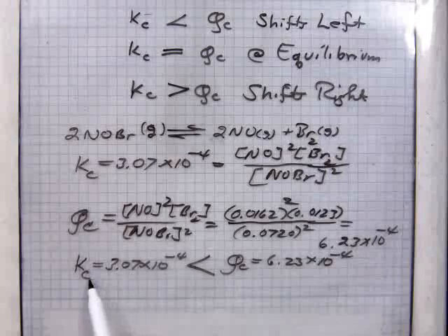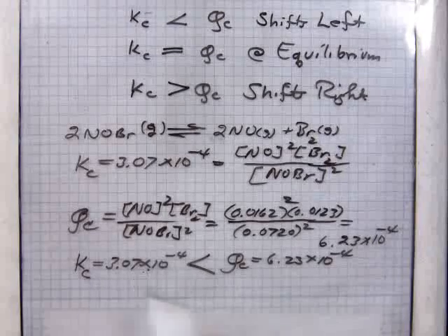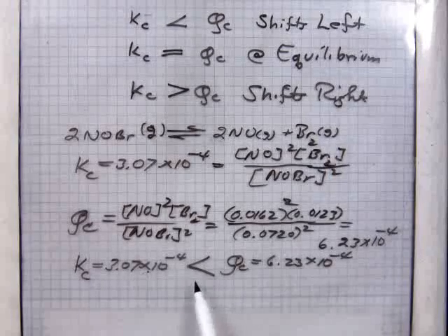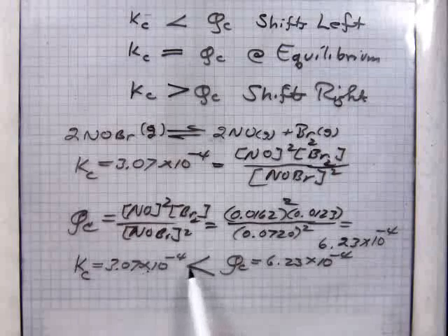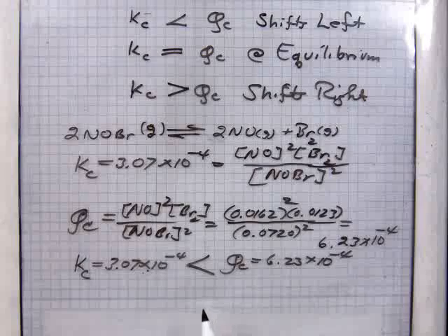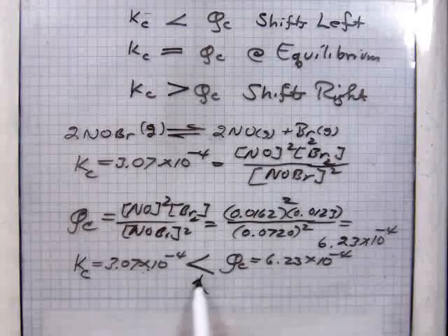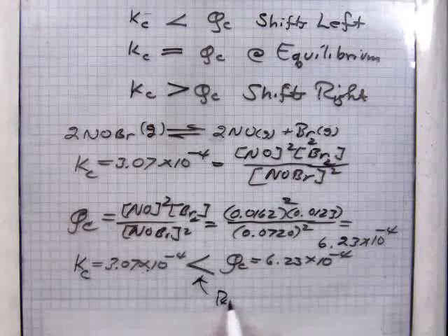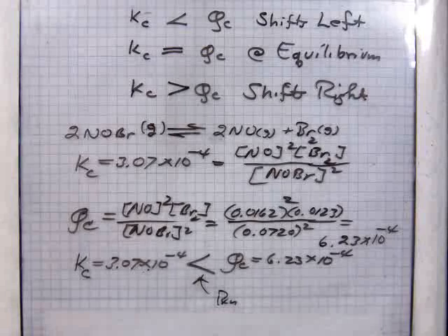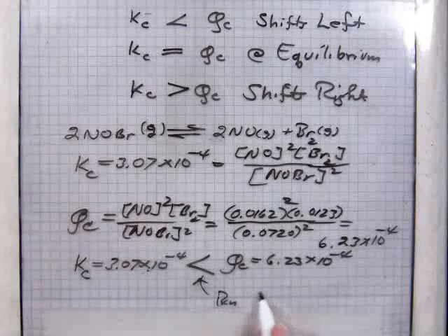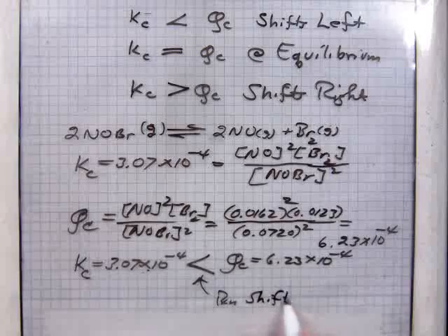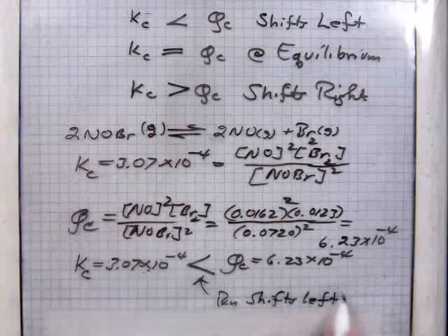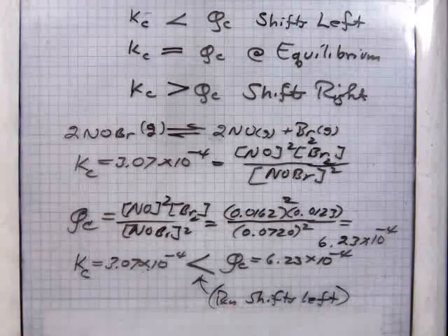Now I write the KC first, QC second, and then put my inequality in. Well, the inequality points to the left. So this indicates the reaction under the conditions that are in that set of data shifts left. And that's the long and the short of that story.